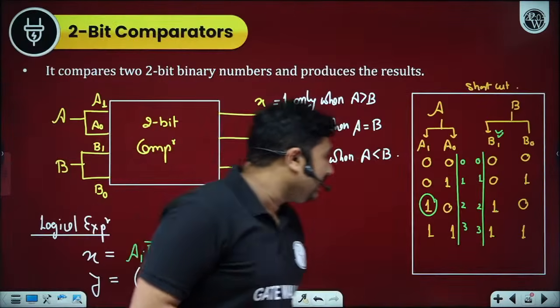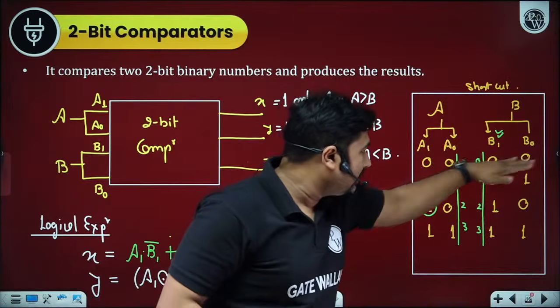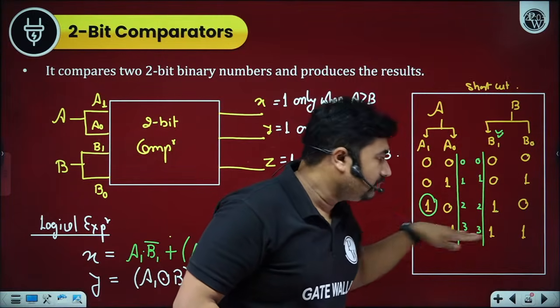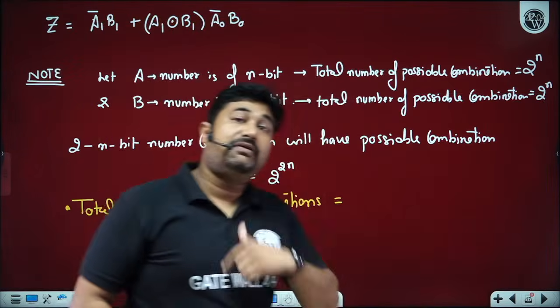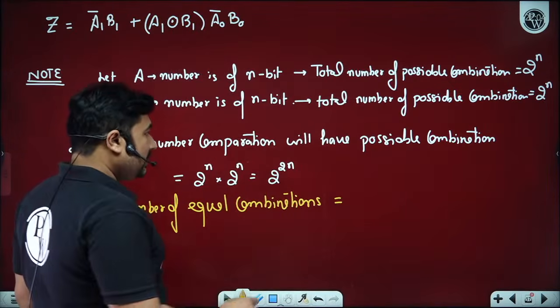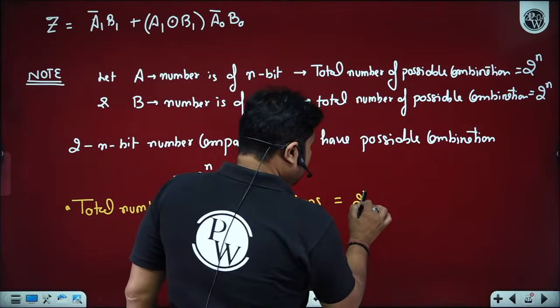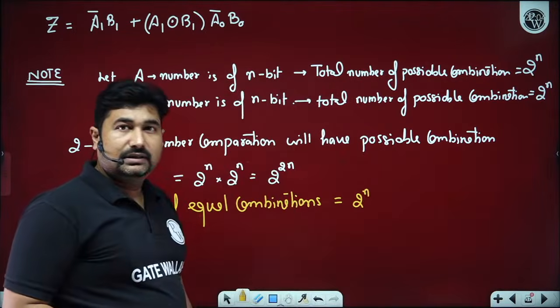For 2 bits we have 4 combinations possible, where the A number and B number are equal. In the same way, for n bits we have 2 to the power n combinations possible. Is it okay?